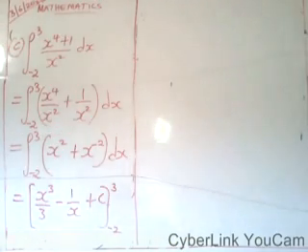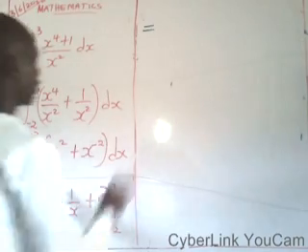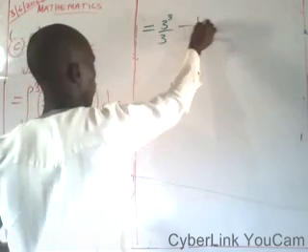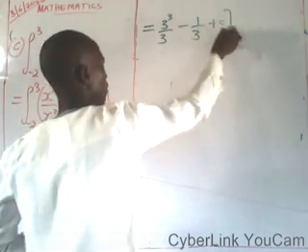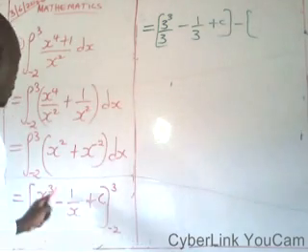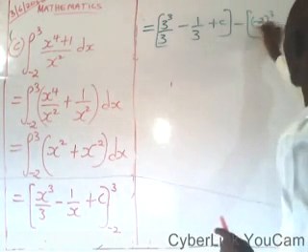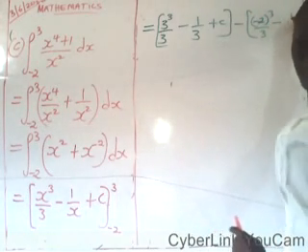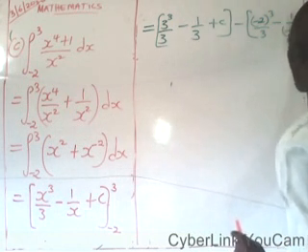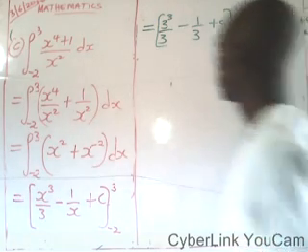This is equal to, when you substitute for x equals 3, you have 3 raised to power 3 all over 3 minus 1 over 3 plus c, close the bracket, minus, when you substitute for x equals -2, you have -2 raised to power 3 all over 3 minus 1 over -2, then plus c.